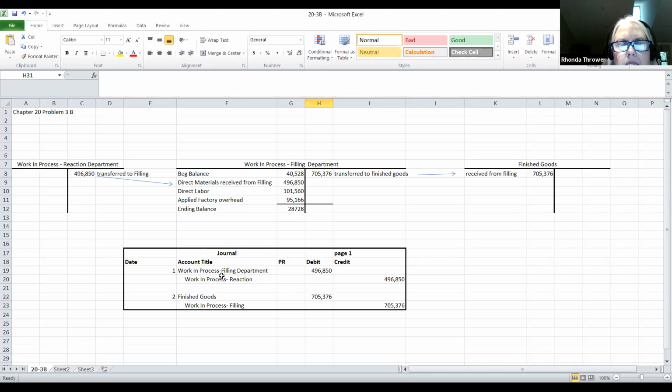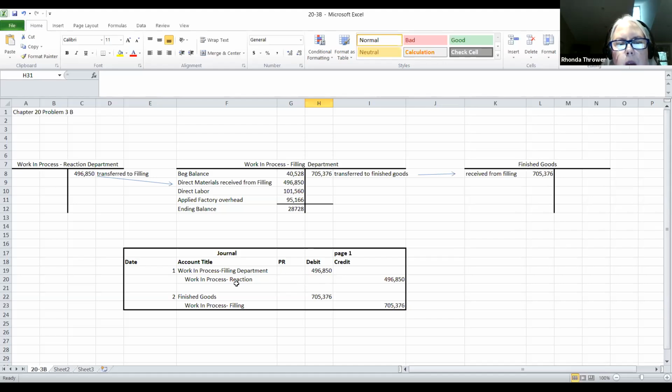In part 2, they just wanted us to prepare a journal entry to show that we have received some materials from the reaction department. So we debited work in process, the filling department, for $496,850.